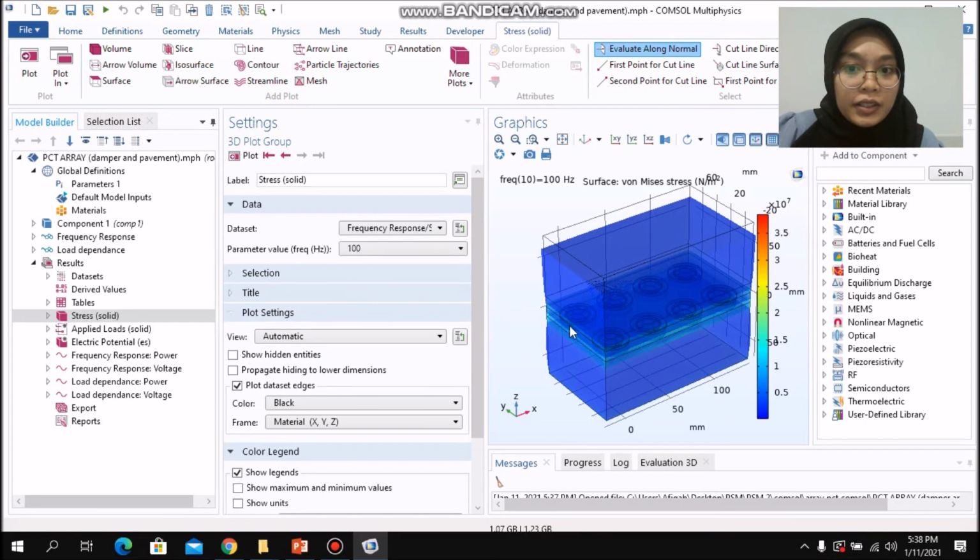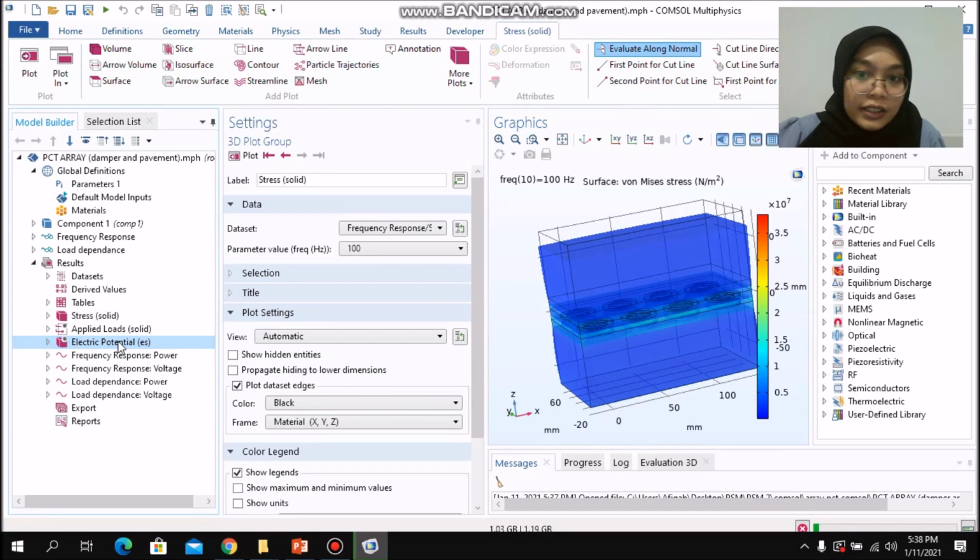This is the PCT model, on top of it is the damper, and the asphalt pavement is on top and at the bottom of the PCT model. So this is the displacement. We can see that when the force is applied, it has been displaced by around this many millimeters.